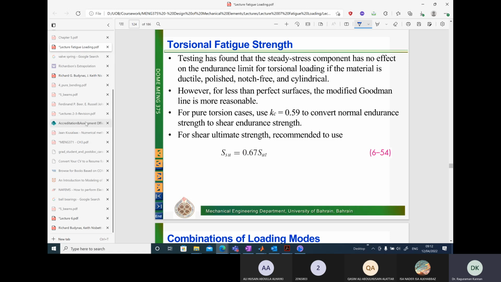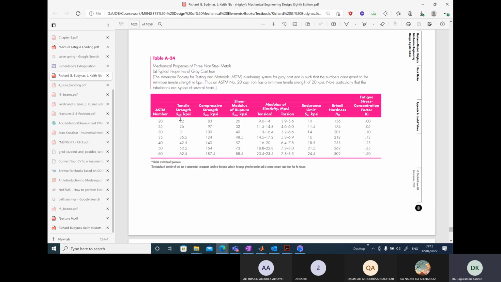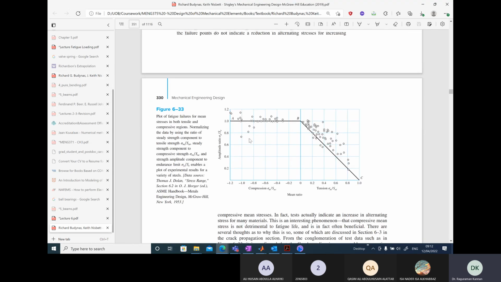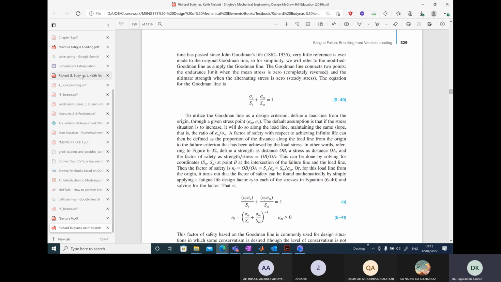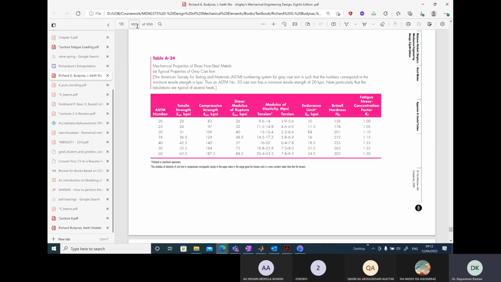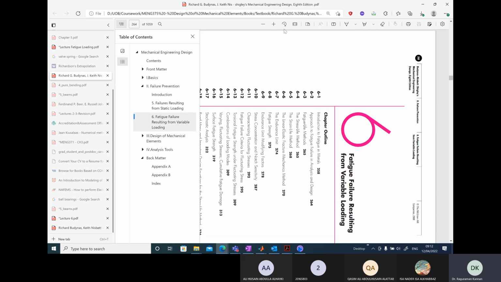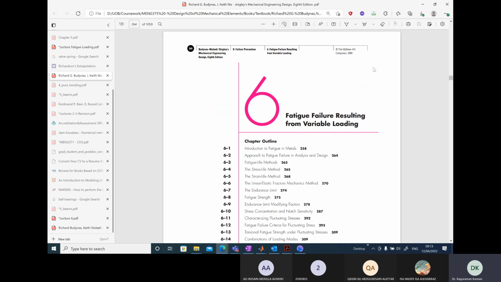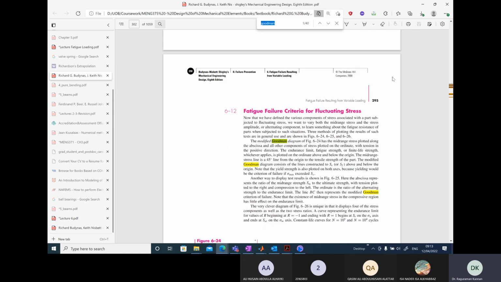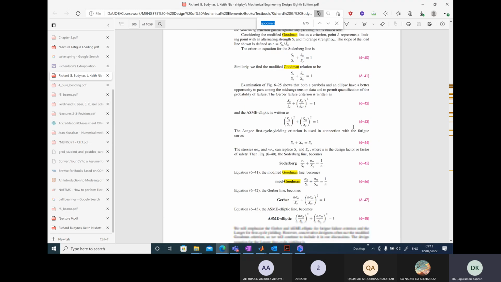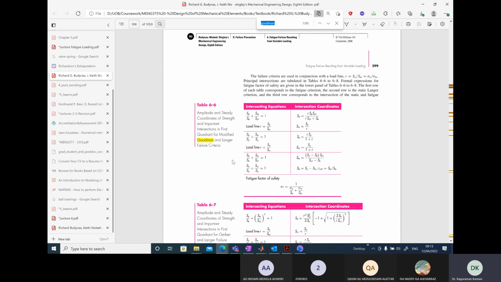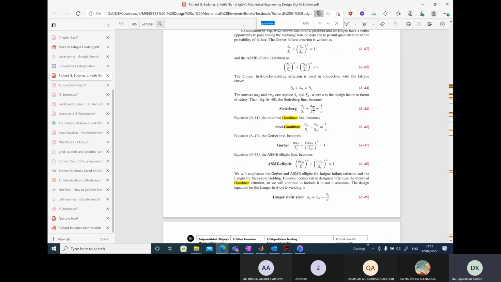Let's go back to those tables which we have seen before. Maybe in this version of the book, this doesn't have the tables. So let's go back here and search for the tables. Goodman. Instead of using the tables, let's first go to the equations we see here.